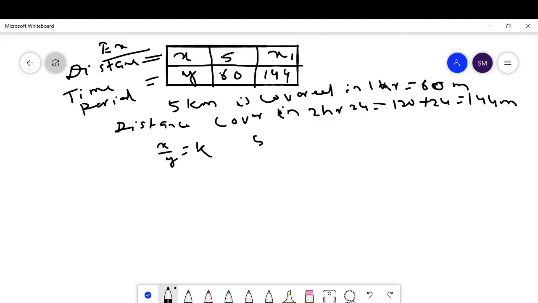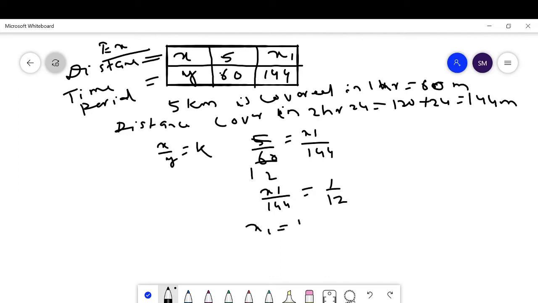Here 5 upon 60 is equal to x1 upon 144. Then this is 12, means x1 upon 144 is equal to 1 upon 12. Then x1 is equal to 144 upon 12. Then this is 12 km.